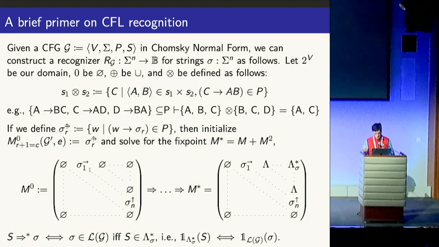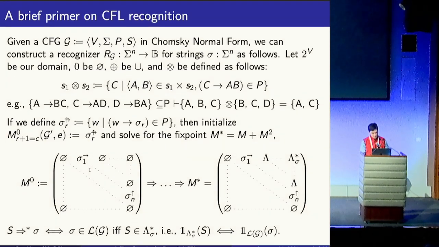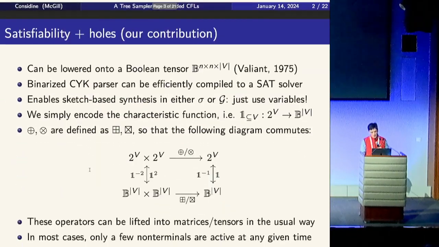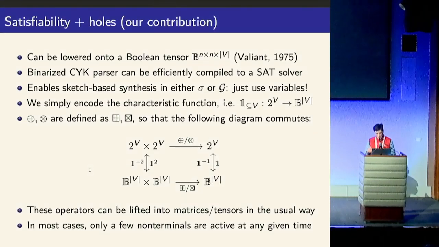But if there are holes in the string, this is where it gets interesting, because you want to be able to solve for variables. The way we initially did this was to compile this to a Boolean formula, then solve for the admissible assignments to those variables and decode them as strings.